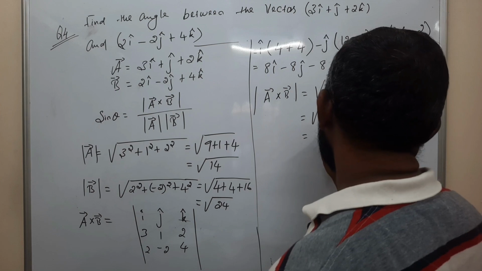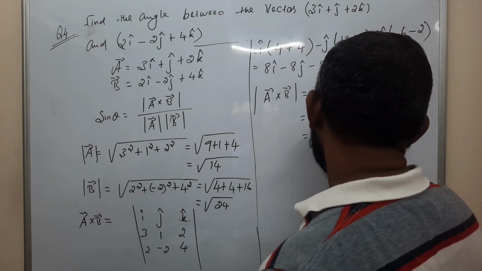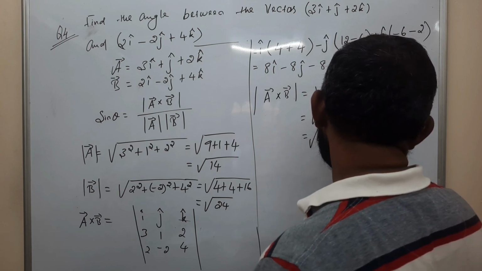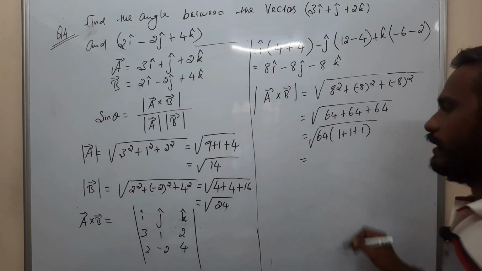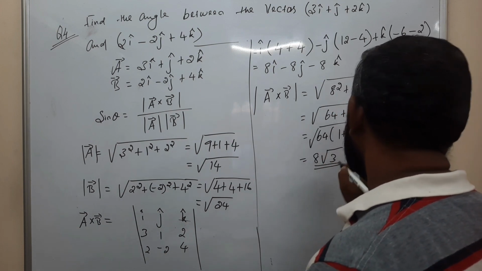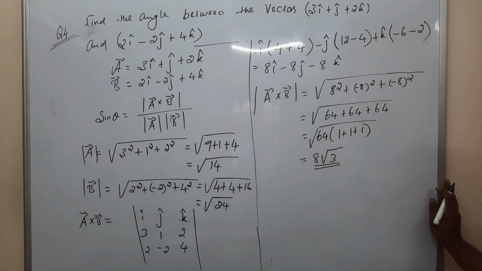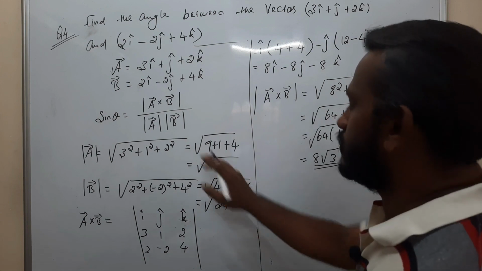Take 64 commonly outside: root of 64 into 1 plus 1 plus 1. So what is the square root of 64? 8. 8 root 3 is the answer. That is mod a vector cross b vector. Now next, we can find sin theta.